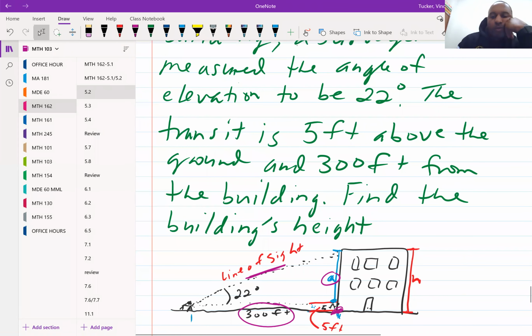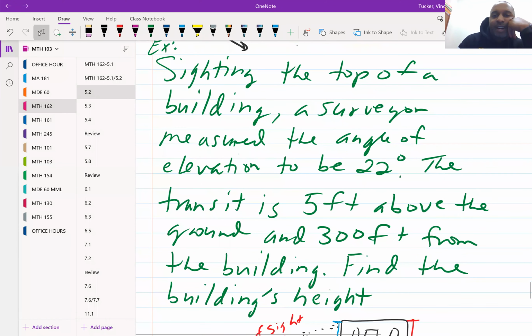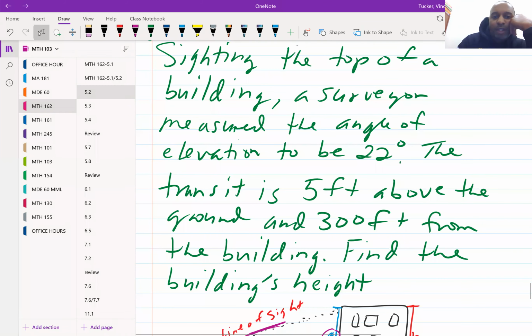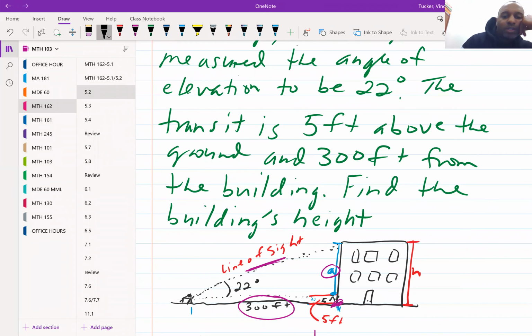So here's my rough sketch of what is going on. Let's look at it again. Sighting the top of a building, a surveyor measured the angle of elevation. So this is 22 degrees right here. Angle of elevation, 22 degrees. The transit is 5 feet above the ground.